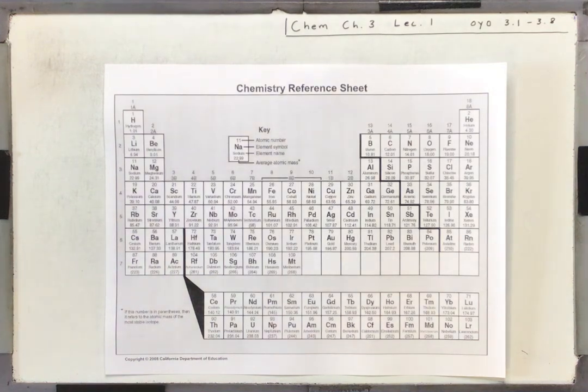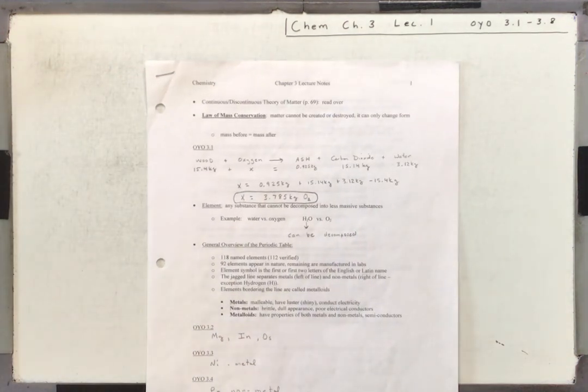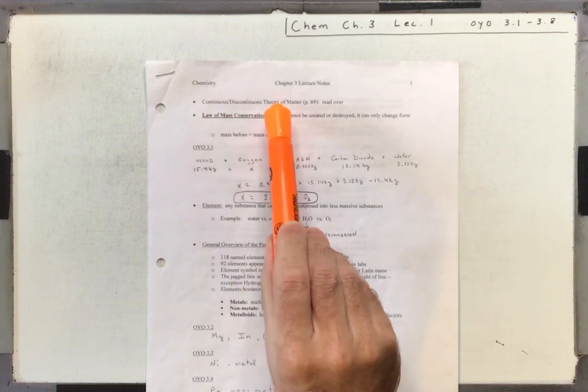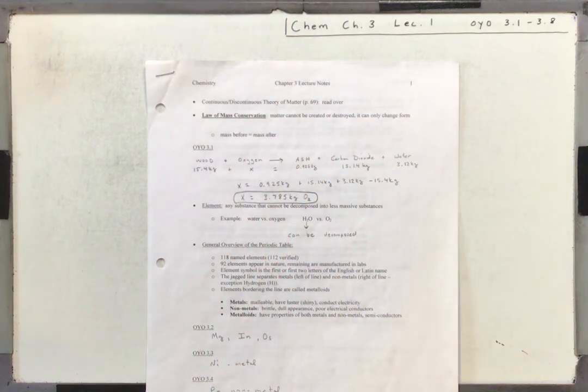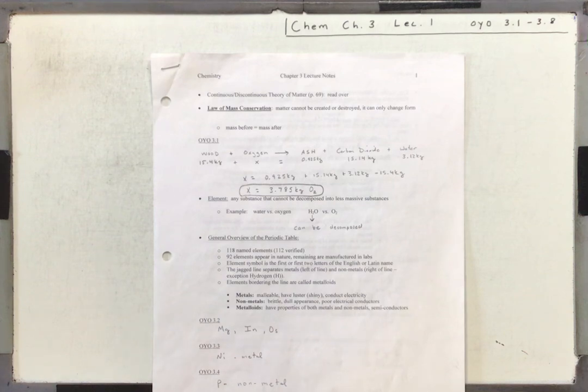All right, so let's take a look at your notes. We'll just talk through these a little bit. As far as the continuous and discontinuous theory of matter, the author just goes through what scientific thinking was about matter throughout the last several hundred years, even going all the way back to Greek times.